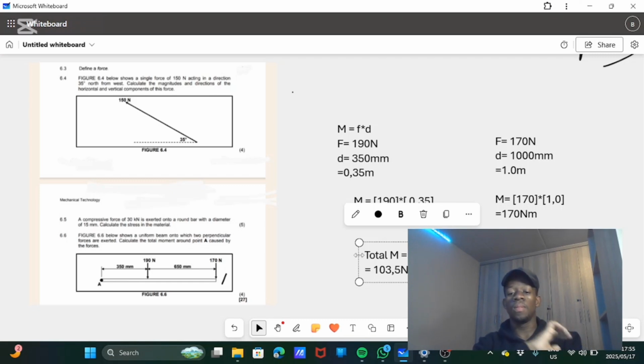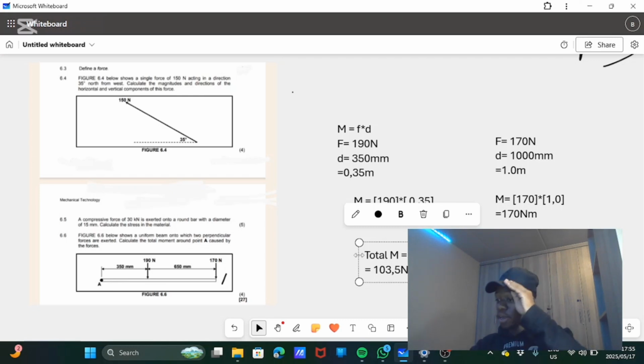So now we are done. We have calculated the moment from the 190 newtons to A and the 170 to A, and we have calculated the total moment.